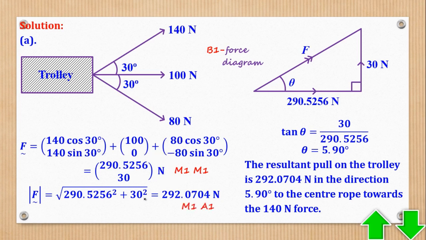Then this M1 was for this substitution and A1 was for this magnitude. This M1 was for attempting to find direction, and the B1 was for stating the direction. So after getting this theta, remember to conclude, because that's where the last mark comes from.